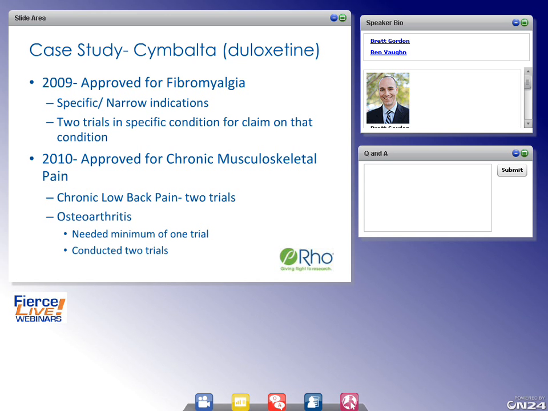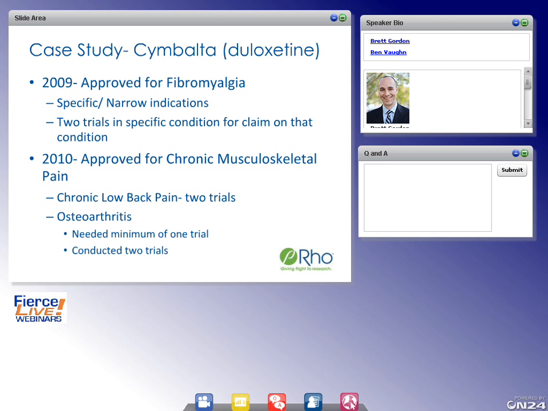So looking at kind of where we are with trials right now with Cymbalta, they've got indications for peripheral neuropathic pain and fibromyalgia, as well as a more general indication for chronic musculoskeletal pain. So the question is why wasn't this enough to warrant a yet broader label for chronic pain?